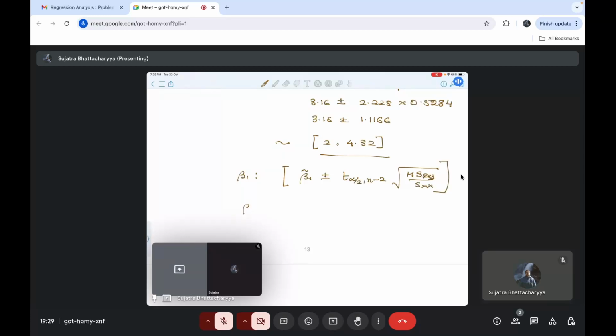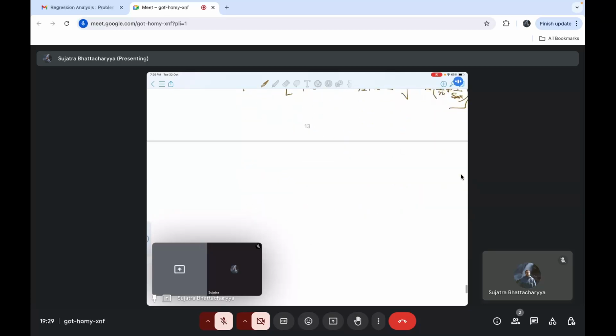And for beta naught, it is beta naught hat plus minus t alpha by 2, n minus 2, same MS residual, but (1/n plus x bar square divided by Sxx). That's all. So the higher value is the upper limit and the lower value is the lower limit. So this is related to the simple linear regression model.